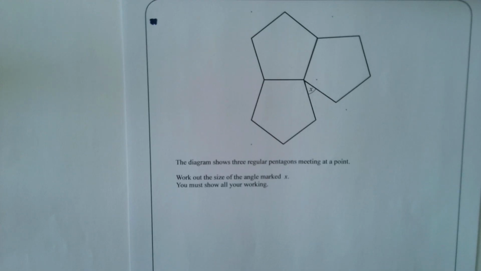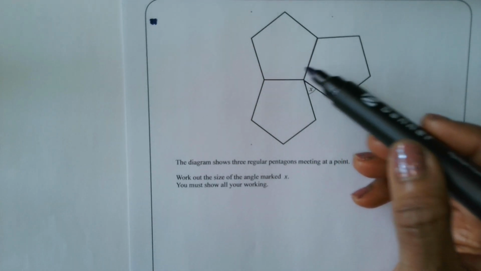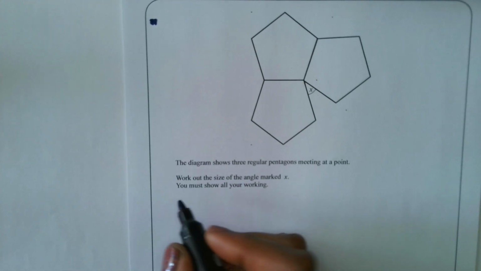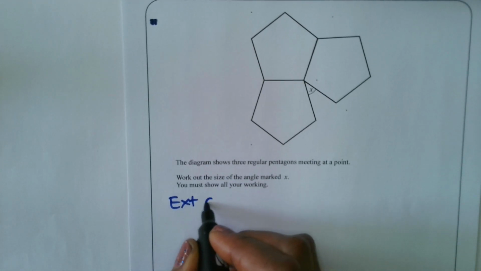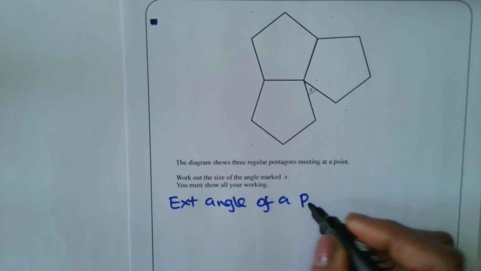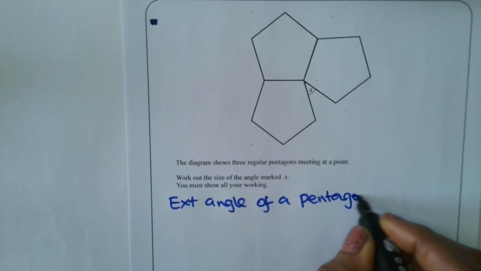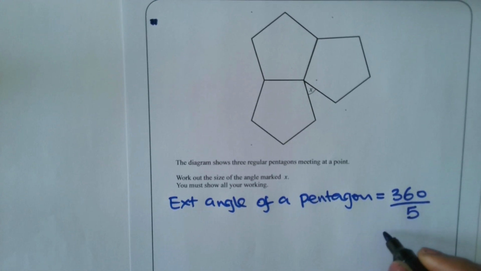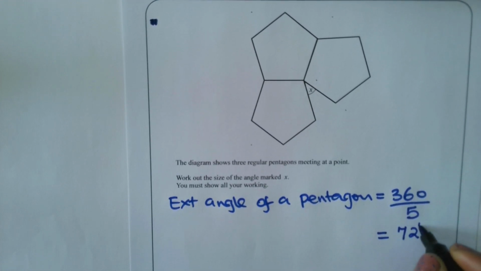Next question is, the diagram shows 3 regular pentagons meeting at a point. So the 3 of them are pentagons. We're going to work out the size of the angle marked X. So first of all, the exterior angle of a pentagon is equal to 360 divided by 5, which will give me 72 degrees.